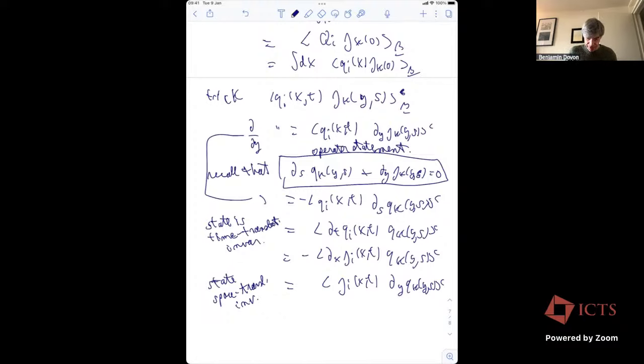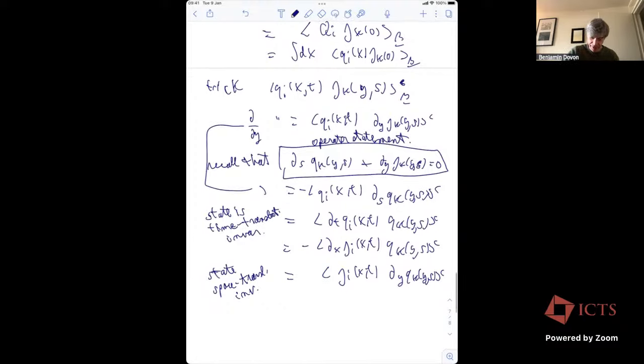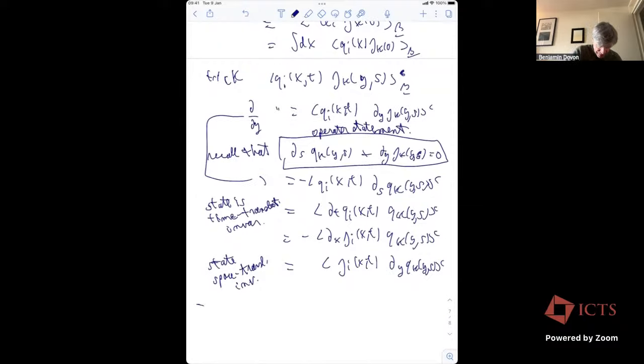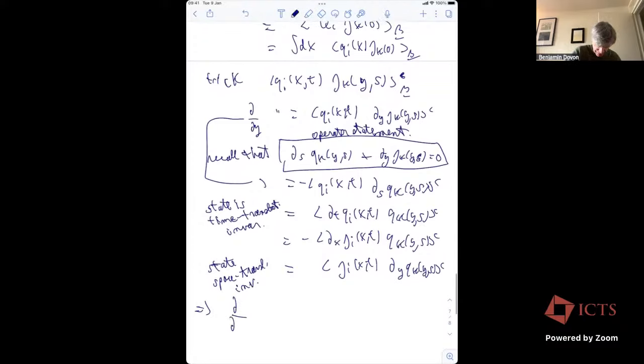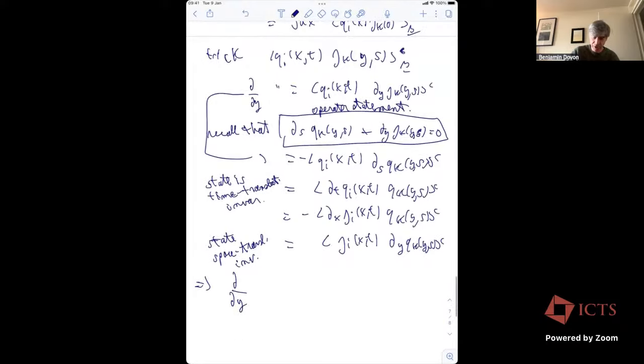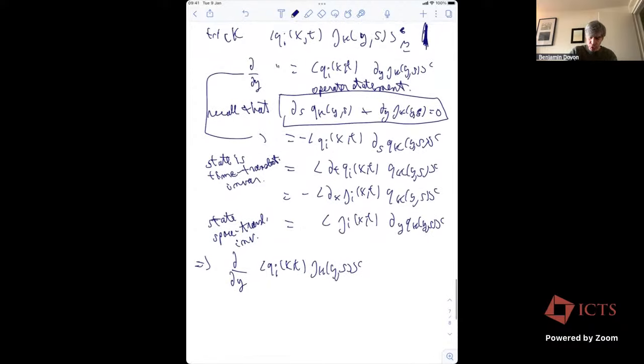Once I have that, it's very nice because now I see that, I write the statement like this. I see that the y derivative of this thing, which is what I was taking out, the derivative of q_i(x,t) j_k(y,s) connected, is equal to the y derivative of that thing.